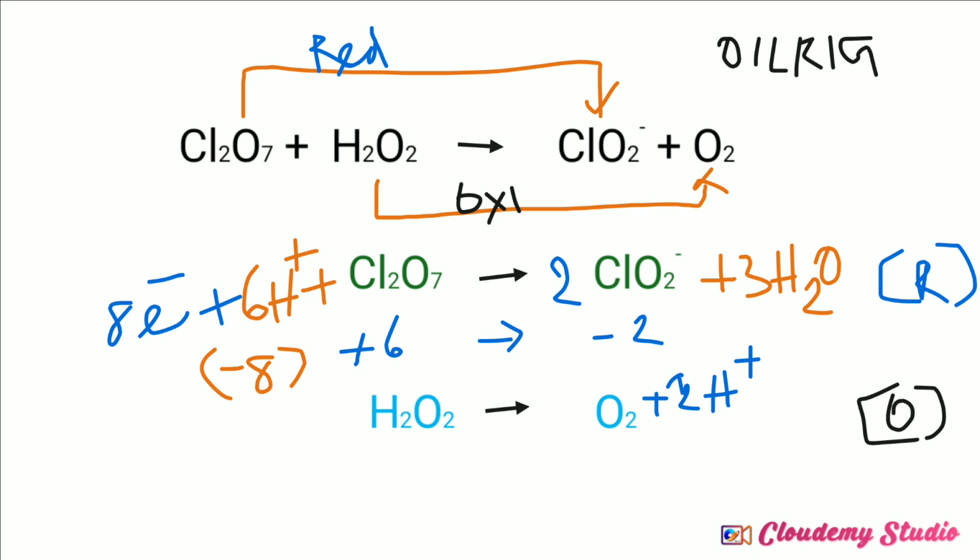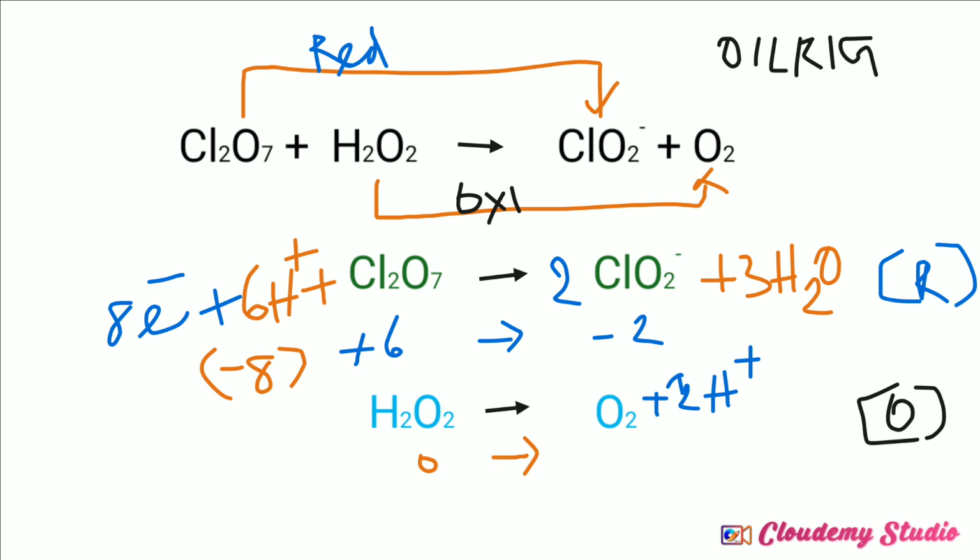Now we can check the charges. When we check the left hand side, the charge will be 0. Hydrogen peroxide is a neutral compound, there's no charge. Oxygen is also a neutral element, there's no charge.